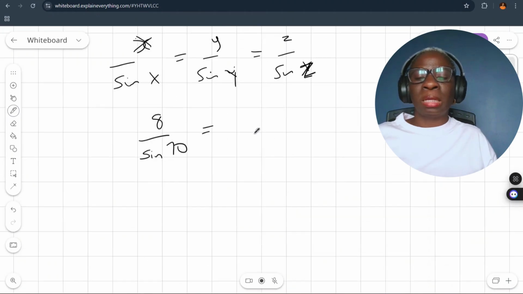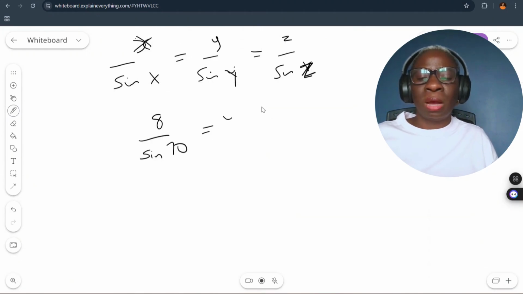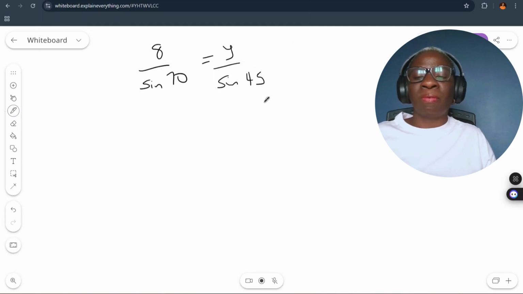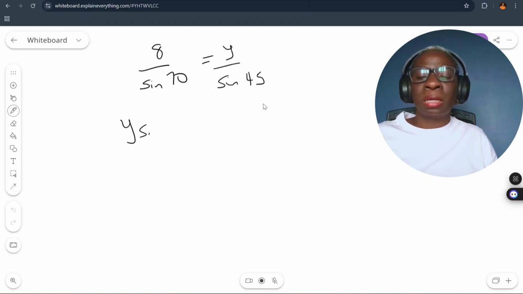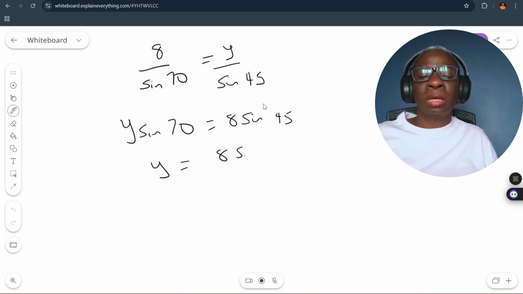Then we can cross multiply so that we have y sine 70 equal to 8 sine 45. That means y will be equal to 8 sine 45 over sine 70.